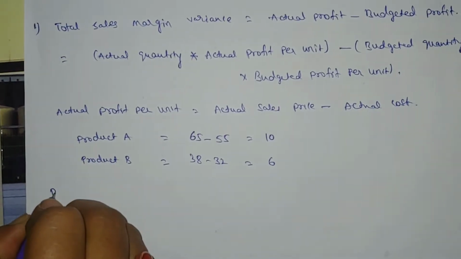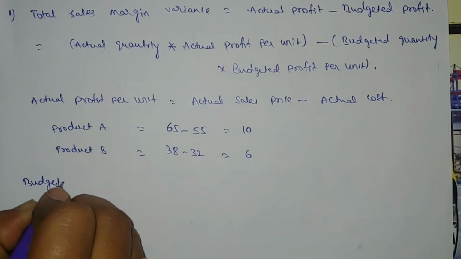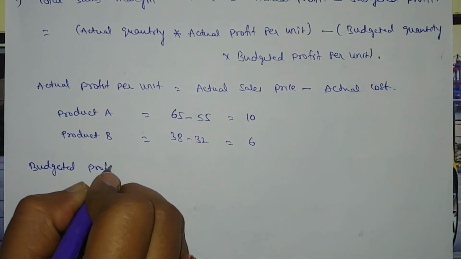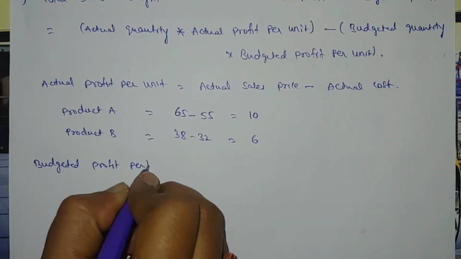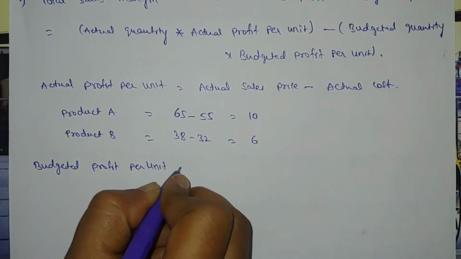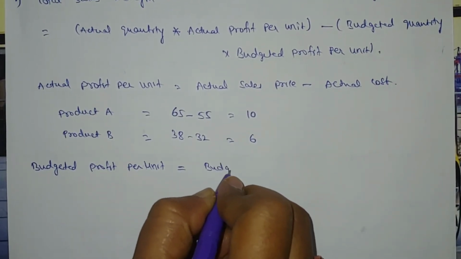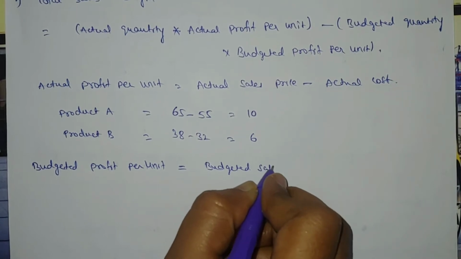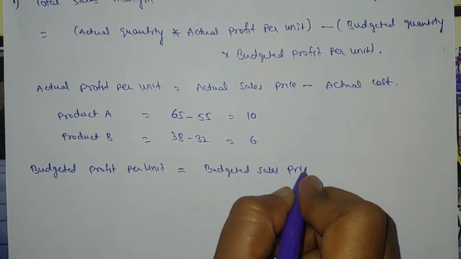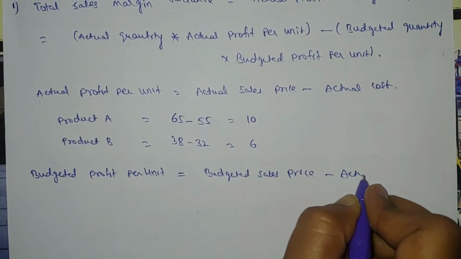Next we have to calculate budgeted profit per unit, which is equal to budgeted sales price minus actual cost.